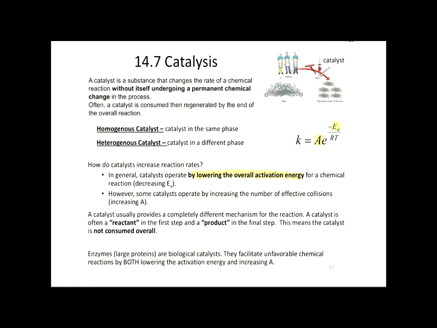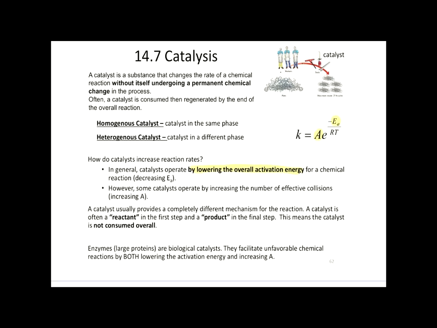It allows more efficient collisions. So those are the two ways that a catalyst works. And how we determine what a catalyst is in a mechanism is it's usually consumed and then produced by the end of the reaction. And that's different from an intermediate. An intermediate is produced and then consumed before the end of the reaction.